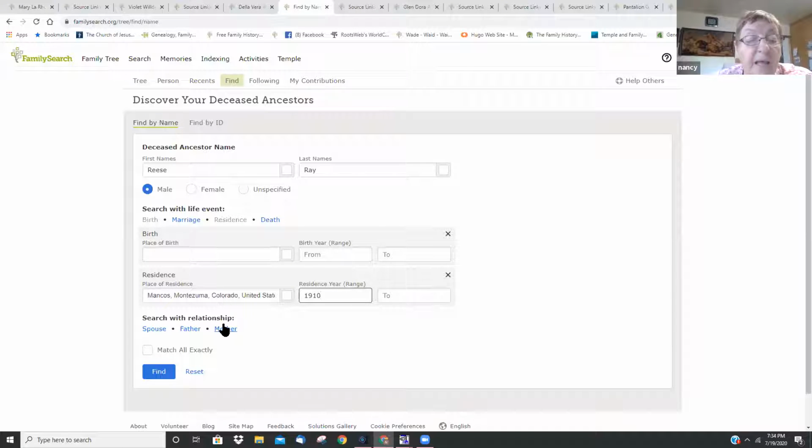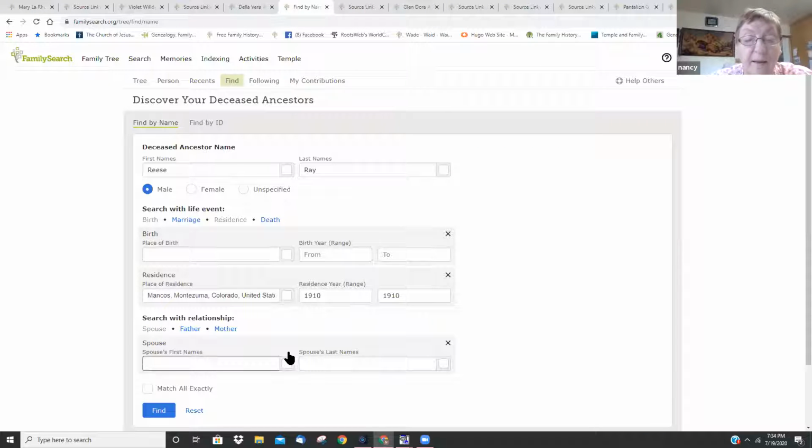And his spouse was named Violet, so I can put in that. And I didn't write down his age, but according to the census, he was born in 1865 in Kentucky.